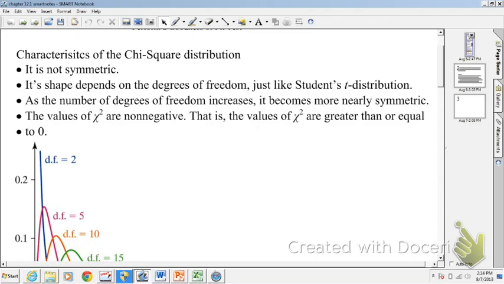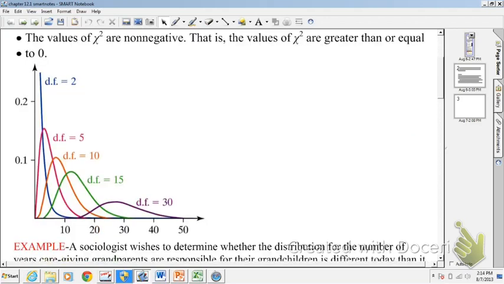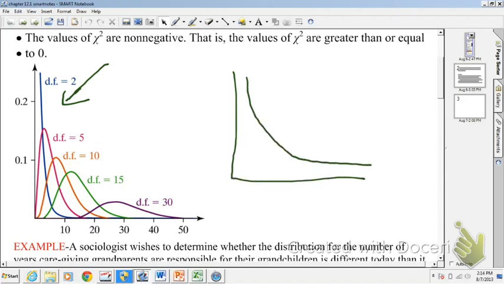So I have a little picture here. If you're trying to visualize this, you can picture the curve. Here in blue, you see when the degrees of freedom are 2, and I'm just going to kind of redraw that. When the degrees of freedom are 2, you have an extremely skewed distribution, right skewed.